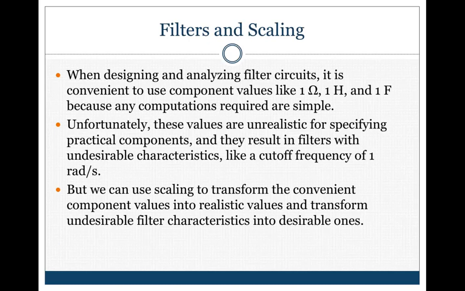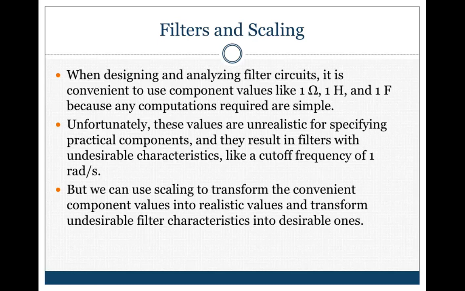So as we said, when designing and analyzing filter circuits, it's convenient to use component values like 1 ohm, 1 henry, 1 farad, and so on. First of all, because calculations are simple, and secondly, because it's an easy way to compare across different types of filters. Now, unfortunately, as you know, those are unrealistic values for those components, and so we don't really want a filter with a cutoff frequency of 1 radian per second, nor can we purchase a 1 farad capacitor.